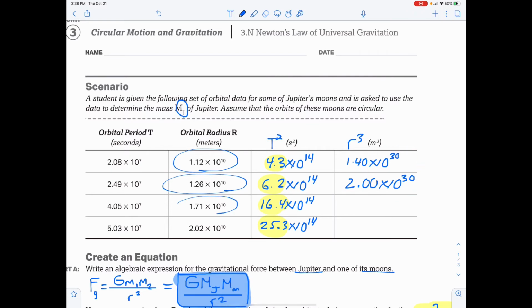If I take 1.71 times 10 to the 10 and cube it, I get 5 times 10 to the 30. And finally, if I have 2.02 times 10 to the 10 and cube it, I get 8.24 times 10 to the 30. What I'm actually plotting would be the prefix of those scientific notation numbers.